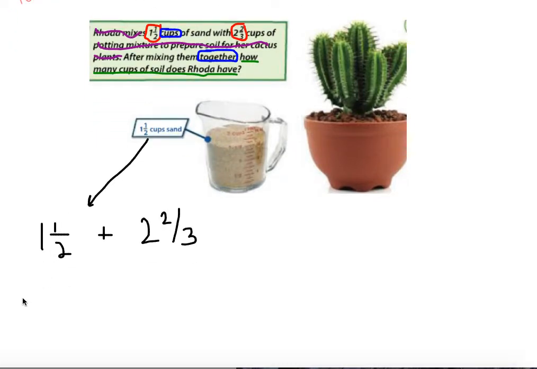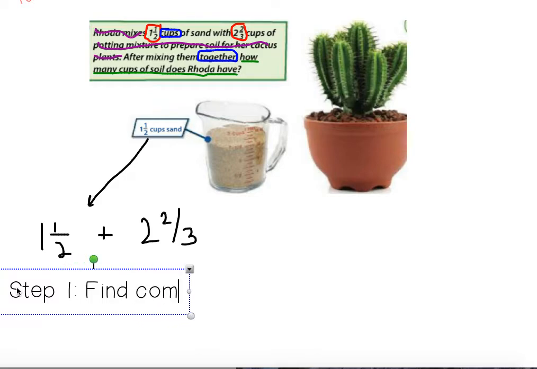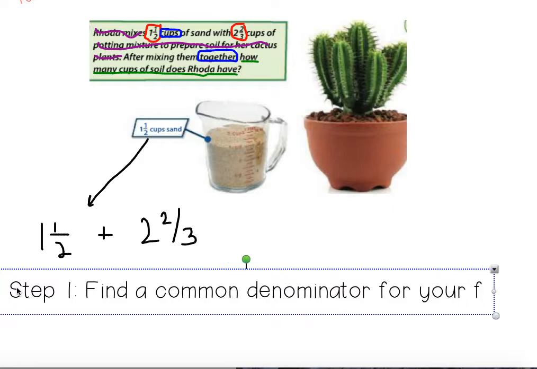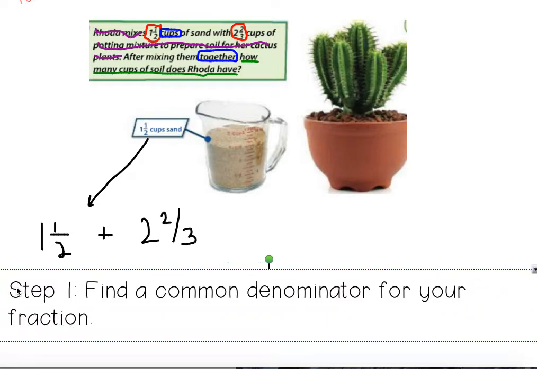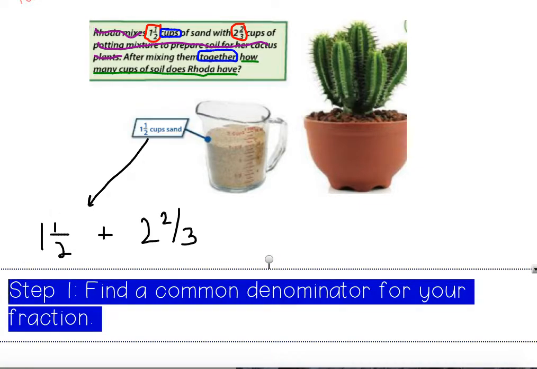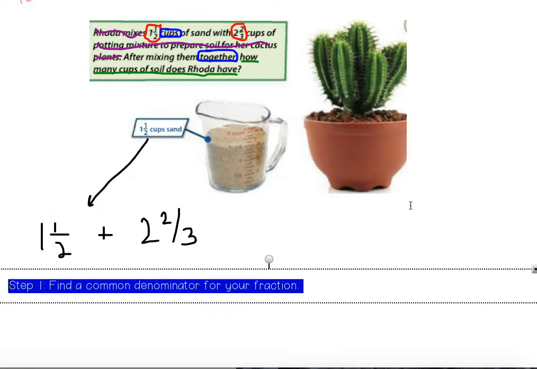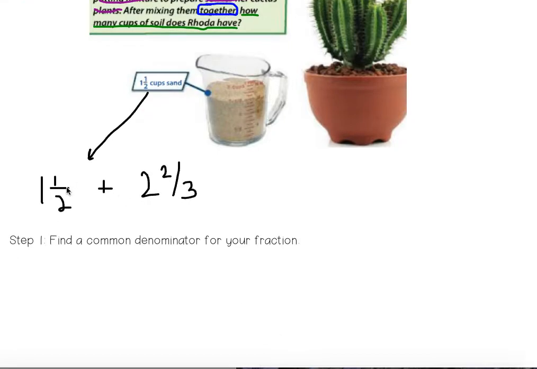So step 1, I'm just going to label that here, is to find a common denominator for your fraction, which we all know how to do. We've been doing this for quite some time. Okay, so my whole numbers in this case are 1 is a whole number.